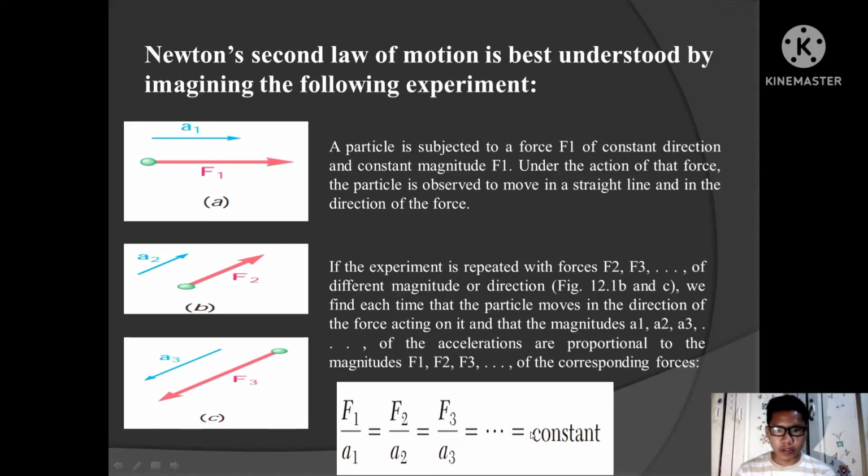In this figure, the constant value obtained from the ratio of the magnitudes of the force and acceleration is a characteristic of the particle. So these accelerations are considered under what we call the mass, since the particle moves in the direction of the force.